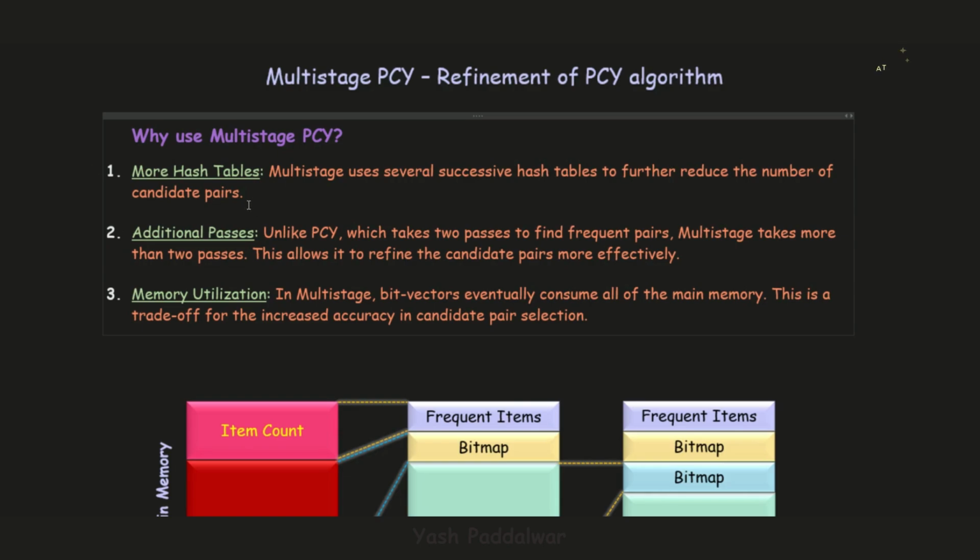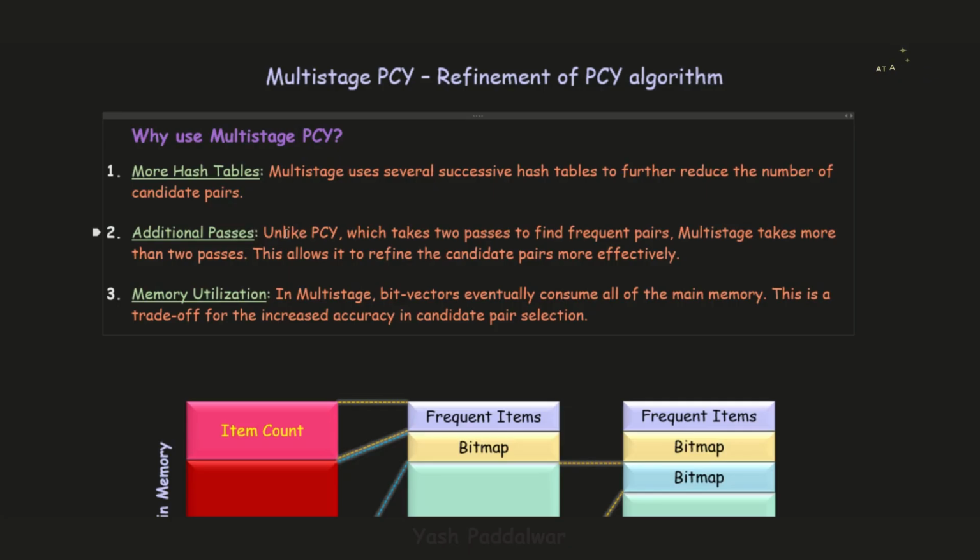While finding the candidate pairs, there is a chance that a candidate pair might not be a frequent pair. That means it can be a false positive. In that case, these additional hash tables will help us reduce those false positives. Now, the multi-stage PCY algorithm contains additional passes.